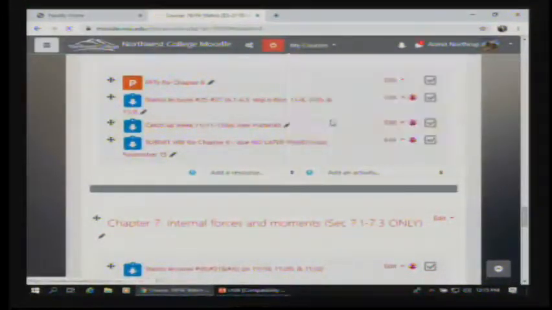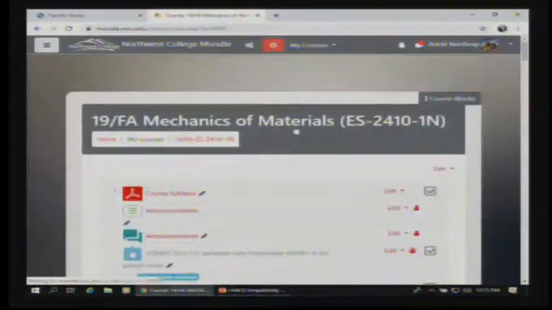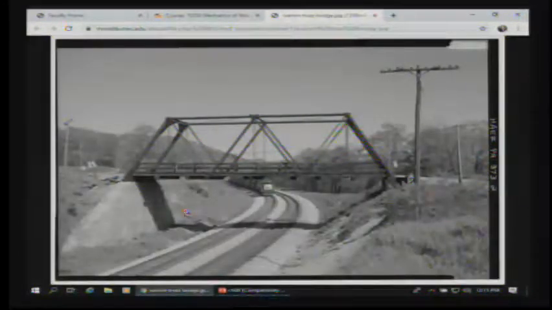As a matter of fact, I'm going to come over here to a different class that I teach, Mechanics of Materials. I'm going to see if I can show you. This is a bridge that is made up of trusses, and the reason for that is, if you think about it, this is a nice old bridge. It's made out of wood.